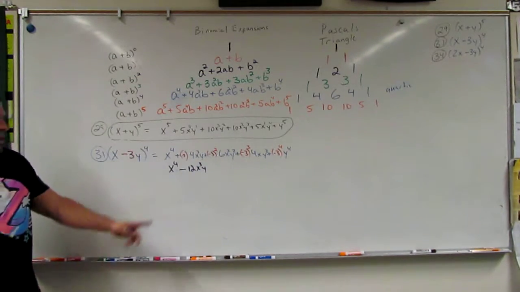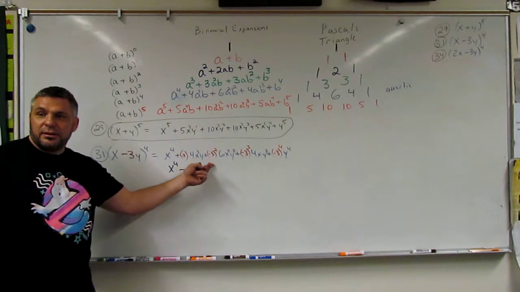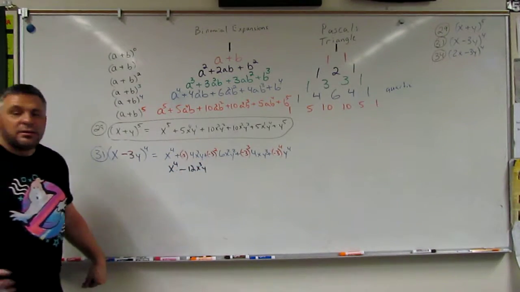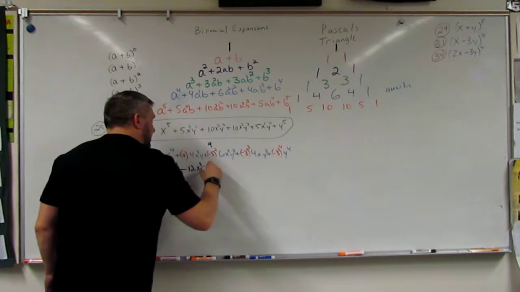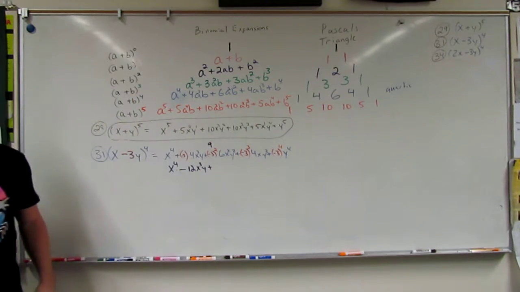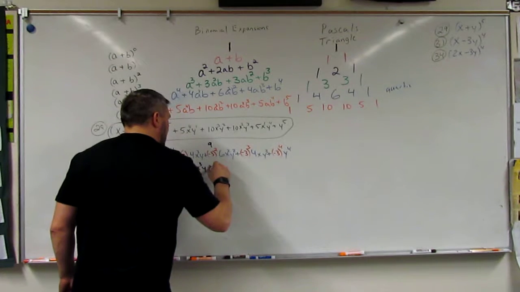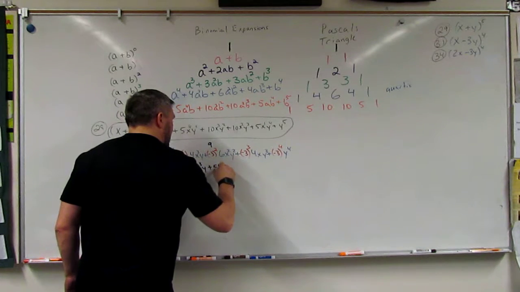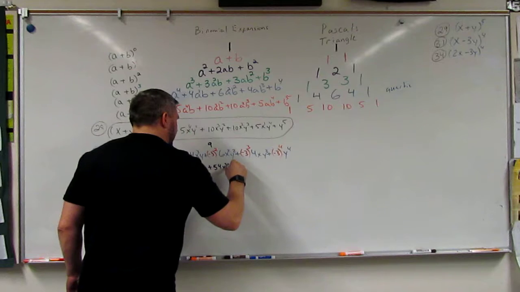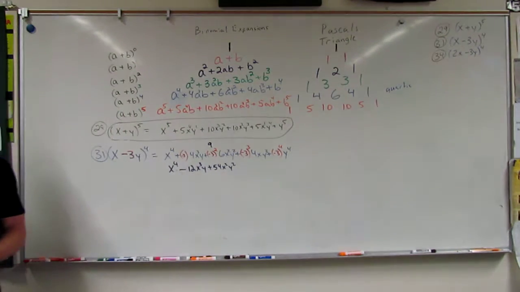But what is negative 3 squared? 9, positive, so this stays positive. And 9 times 6 is 54.